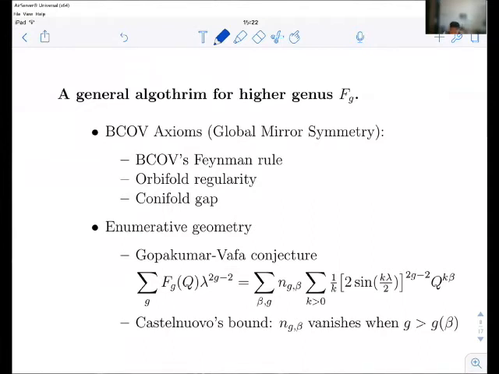This BCOV Feynman rule is the most important part because it decreases the information from infinity. So for each g, we need to compute the infinitely many Gromov-Witten invariants, now reduced to some finite number.